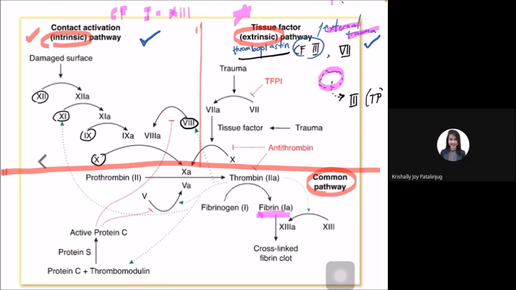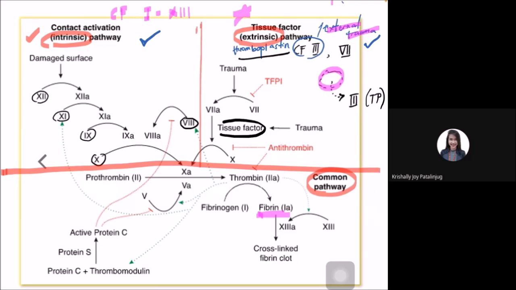Let's write tissue factor. It is a clotting factor that is coming from the injured tissue. That's why it is called tissue factor.